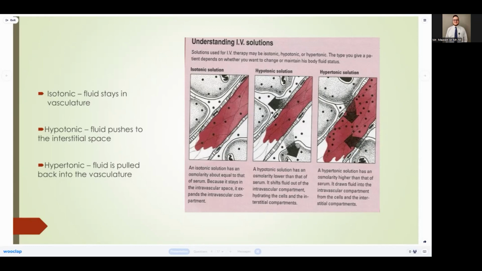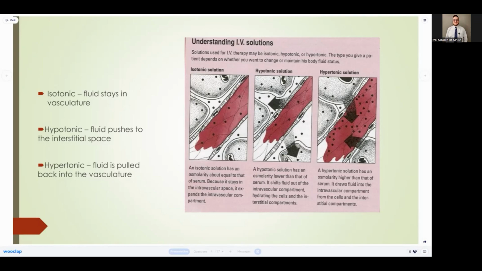And isotonic, iso, is more neutral. Isotonic solutions are all about keeping fluid in the same place, mainly inside the blood vessels. Hypotonic solutions are going to pull fluid into the interstitial space or back into cells.